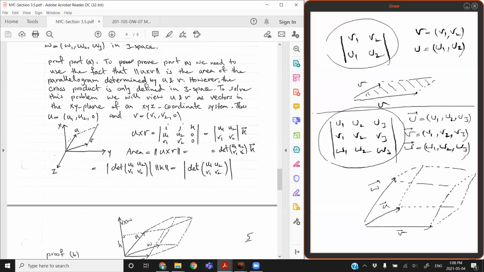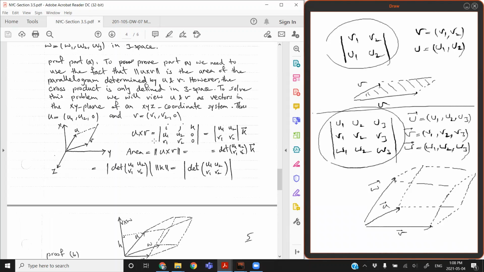I just use u1, u2, and then 0 for the third component. The same for v: v1, v2, and then 0 for the third component. Now, if I cross u and v, then the norm of that is going to be the same as the area of this parallelogram. Let's do that.